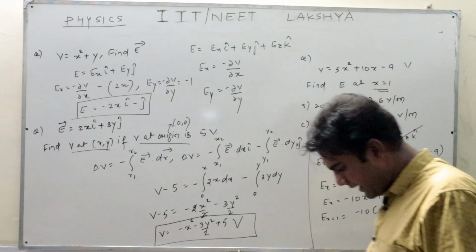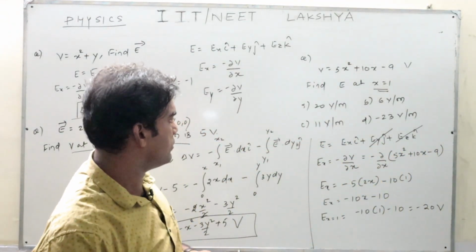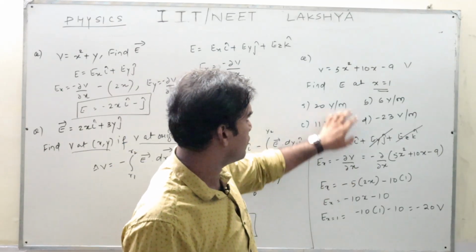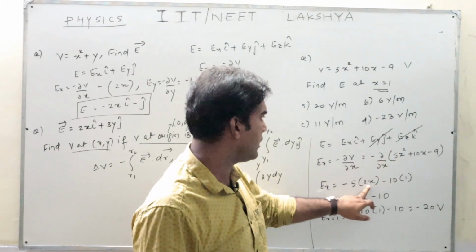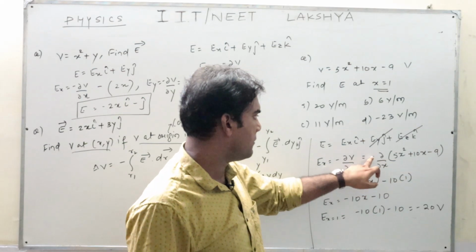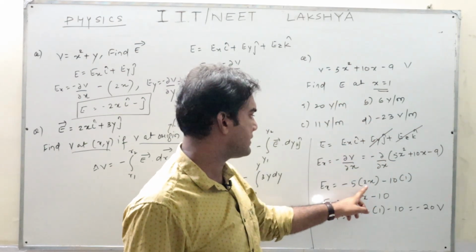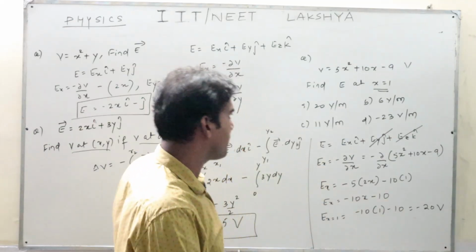So this is your voltage, 5x square plus 10x minus 9. You have to find the electric field at x equals 1. So that is your electric field, minus derivative of this. Derivative of 5x square is 5 into 2x, and derivative of 10x is 10, with the minus sign outside. At x equals 1, you got minus 20.